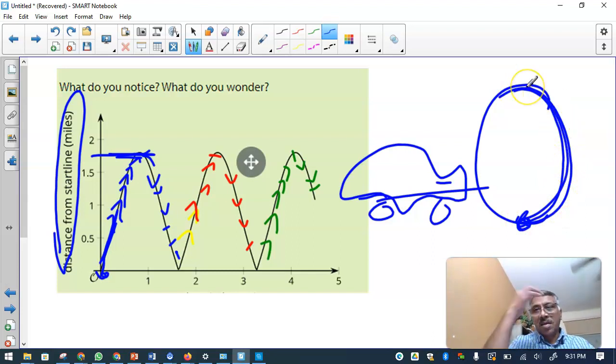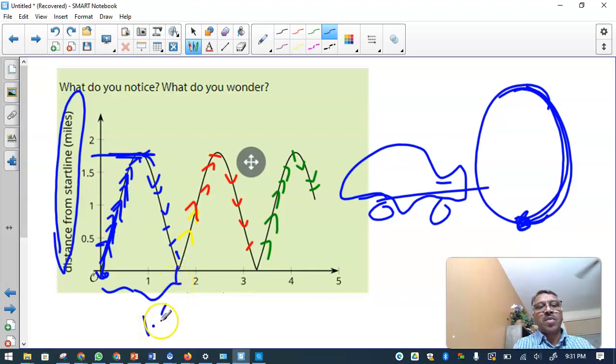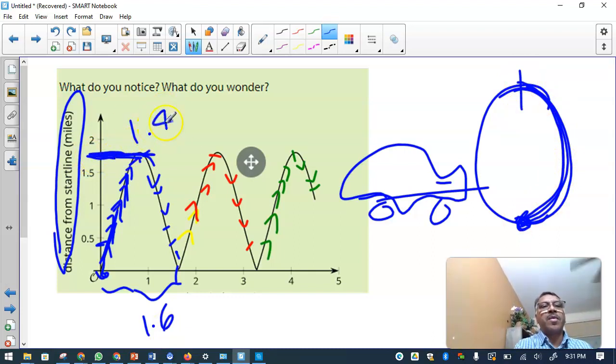That's the distance from the start. Maybe this is 1.6 minutes. So it goes all the way up to the maximum, maybe 1.4 miles.